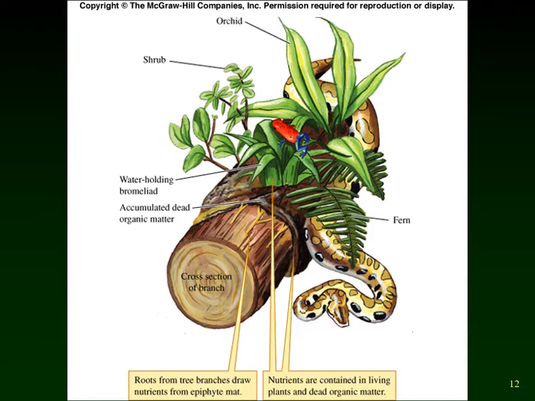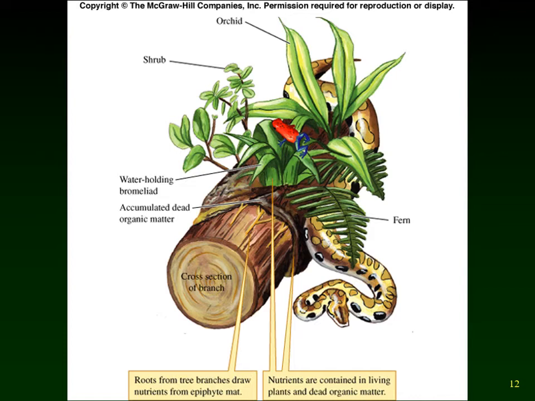When you get up really tall, you can find on the branches of the trees these epiphyte mats. We talked about these in chapter 1 when we were talking about nutrient budgets in forests, and they store a large amount of nutrients and support a high diversity of plants and animals.